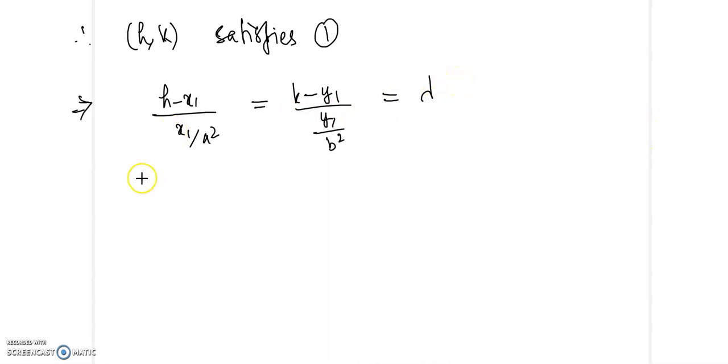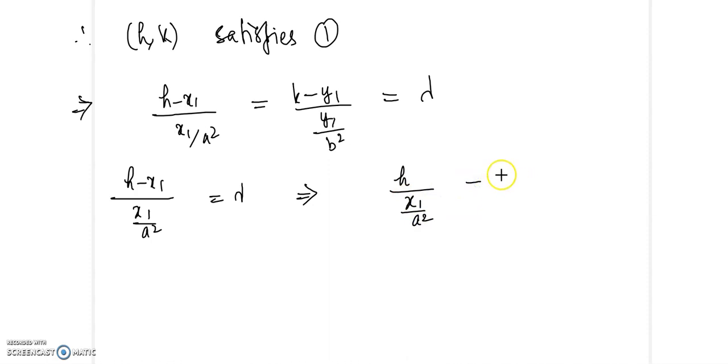So you have (h minus x1) by (x1 by a square) equal to lambda. Let me divide this by x1 by a square: we can write it as h by (x1 by a square) minus 1 equal to lambda.